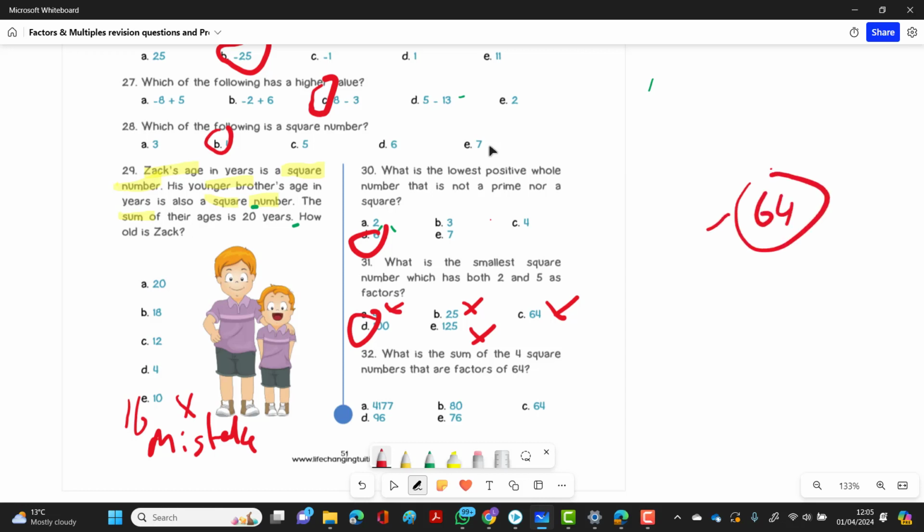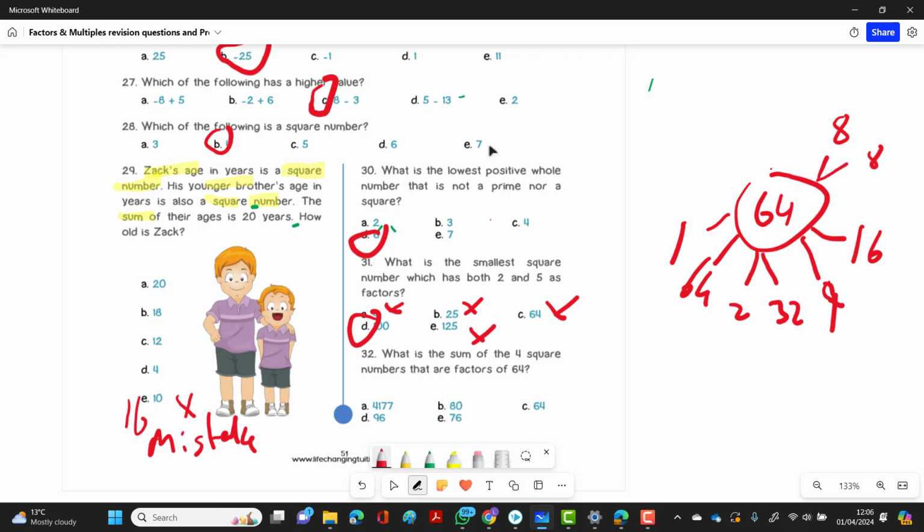Factors of 64. 1 and 64. 2 and 32. 3's not in there. 4 and 16. 5's not in there. 6 not in there. 7, 8 and 8. Sum of all of the 4 square numbers.